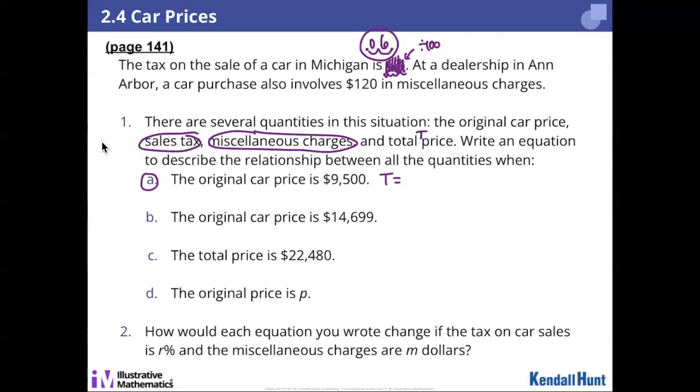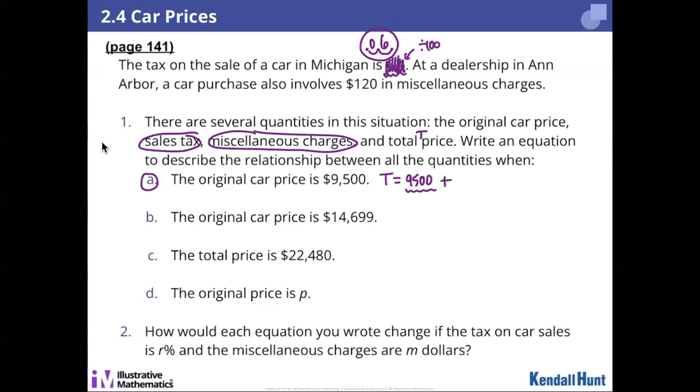And then we want to think about how we would actually calculate the total price of this car. What are some things that we know we have to spend money on? Well, the first thing that we know we have to spend money on is the actual car. If the original car price is $19,500, or $9,500, excuse me, then I know for a fact right now I have to spend that $9,500 on the car. But there's also some other charges that we have to keep in mind.